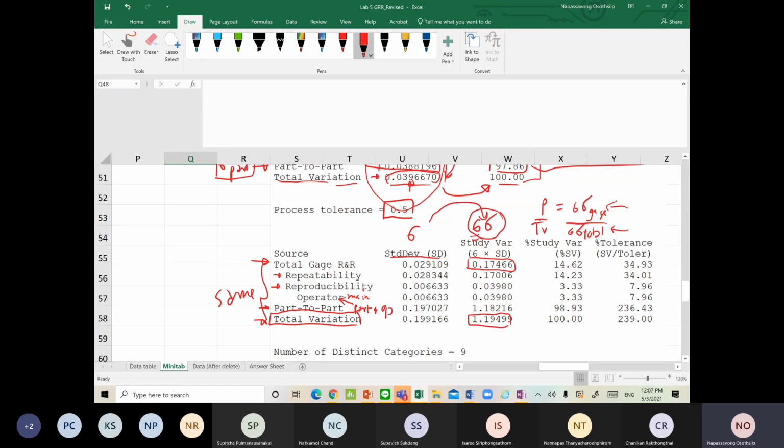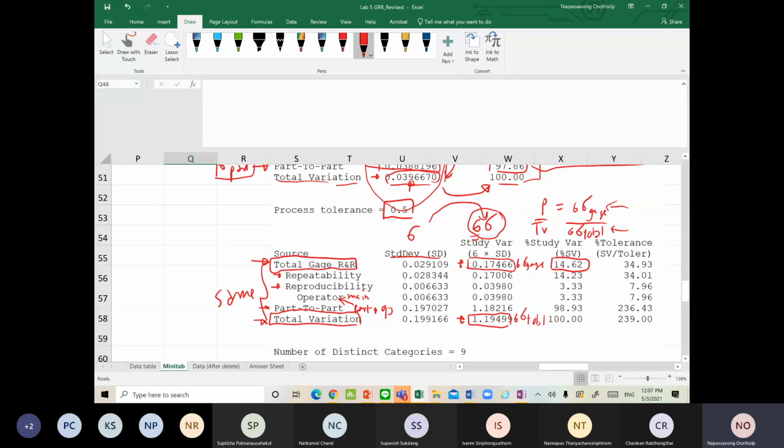This is the column of 6 sigma, and total gauge R&R is in this line. So if you take this number divided by this number, you will get 14.6%.